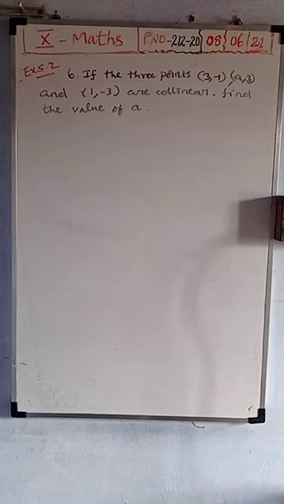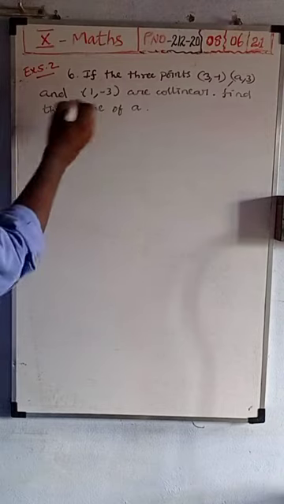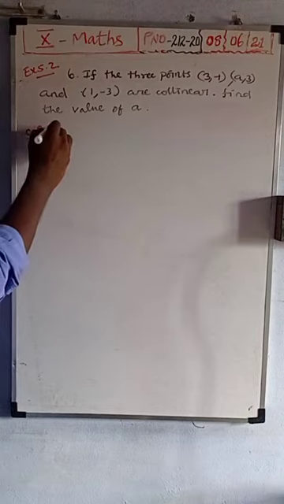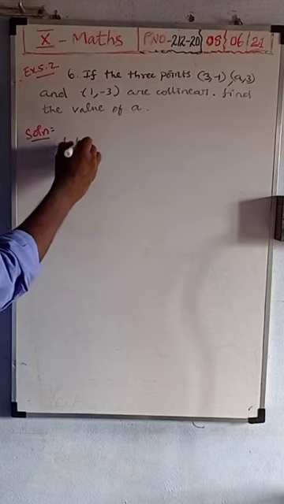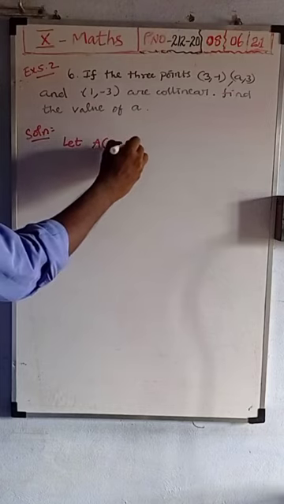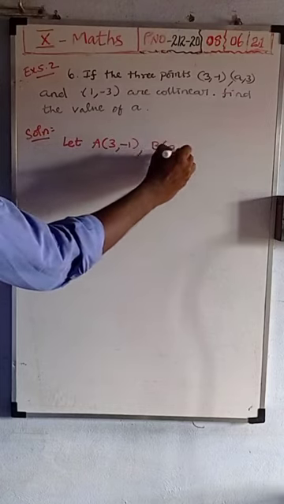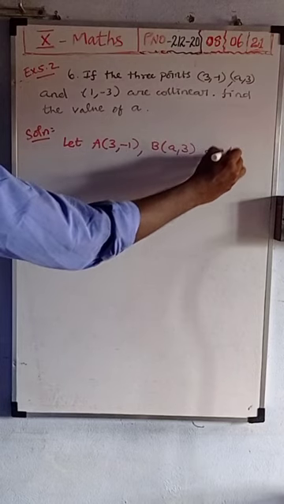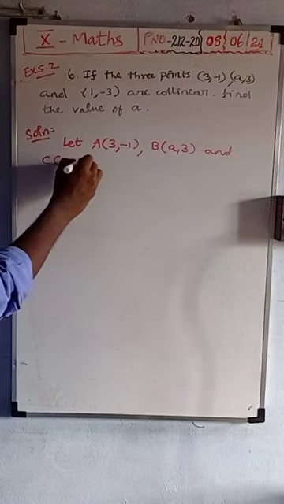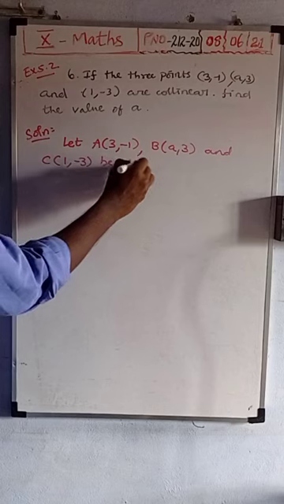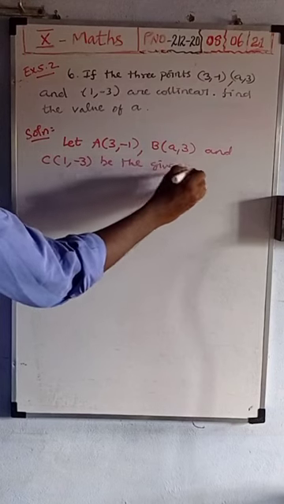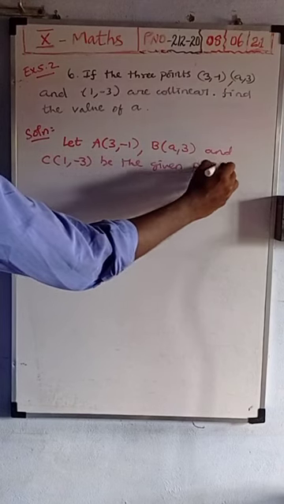First, you choose the points. See the solution. Let A be (3, -1), B be (a, 3), and C be (1, -3) be the given points.